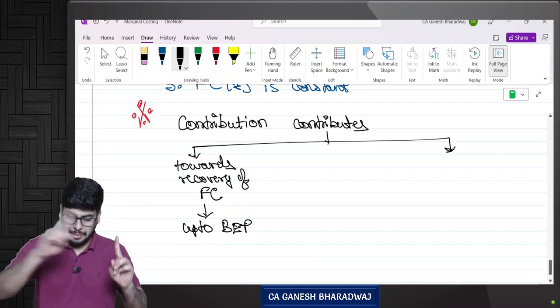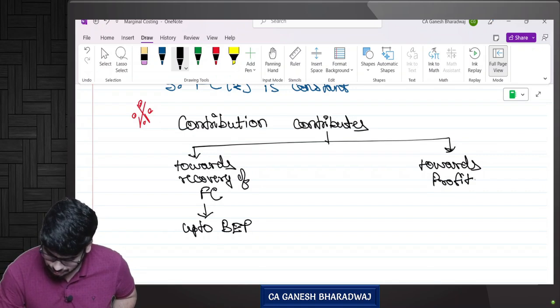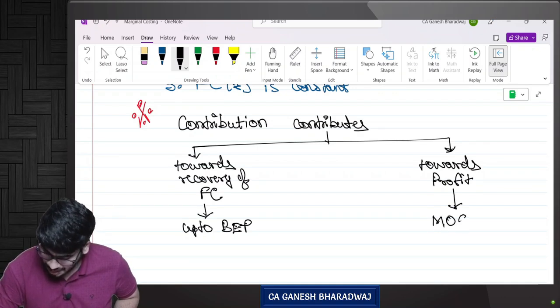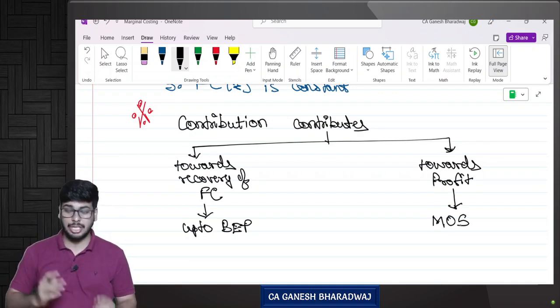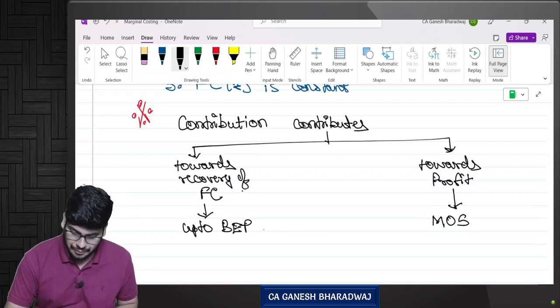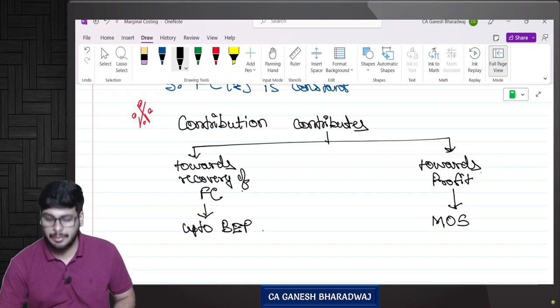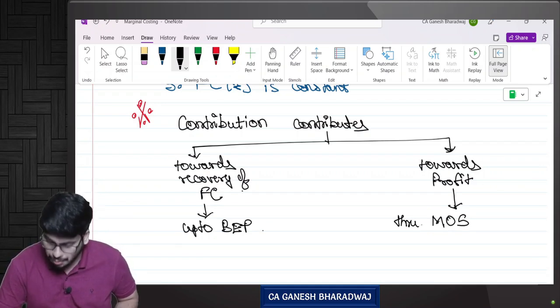Then contribution contributes towards profit. So this is where using margin of safety. Are you clear with this? So contribution contributes first towards recovery of fixed cost up to the break-even point, and it contributes towards profit through margin of safety.